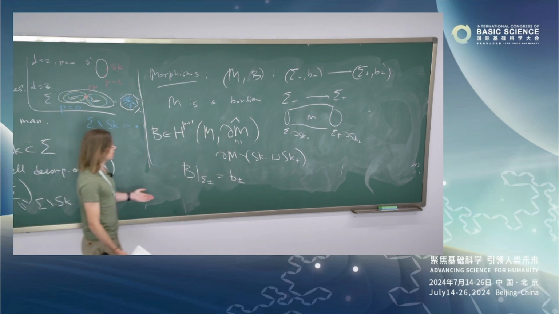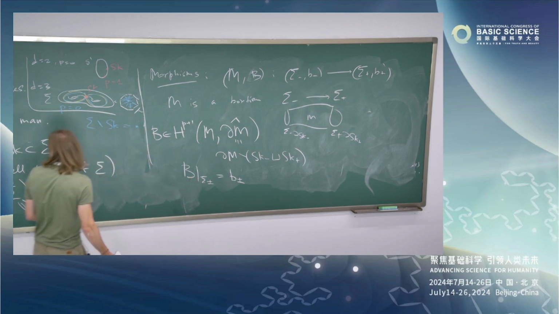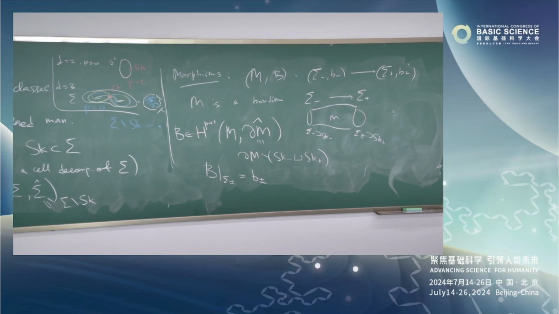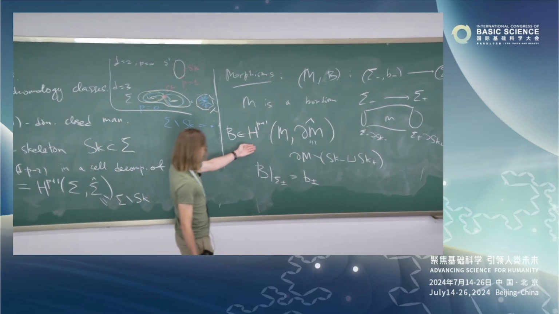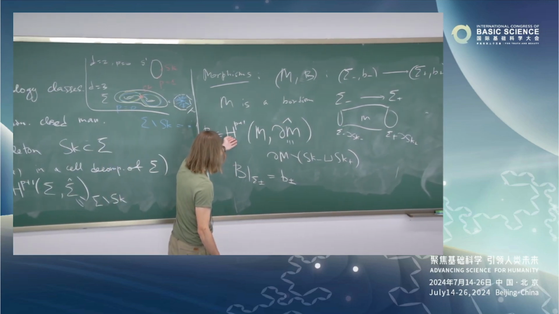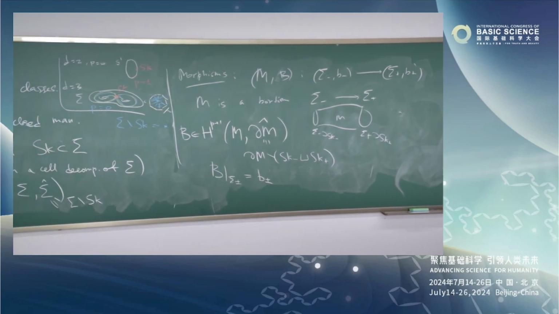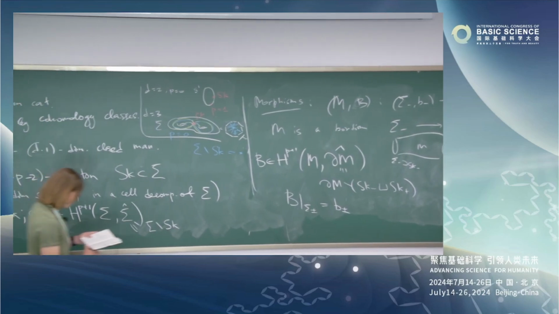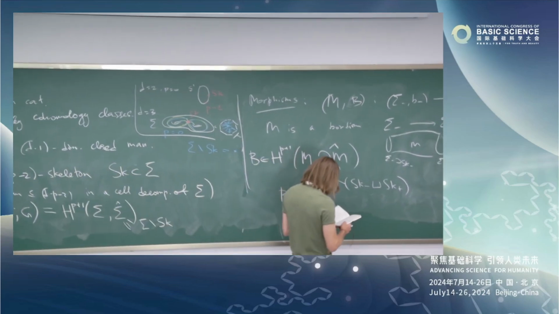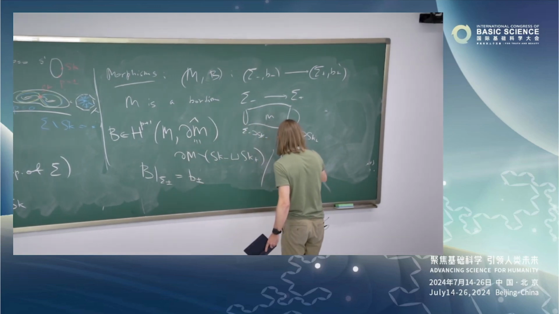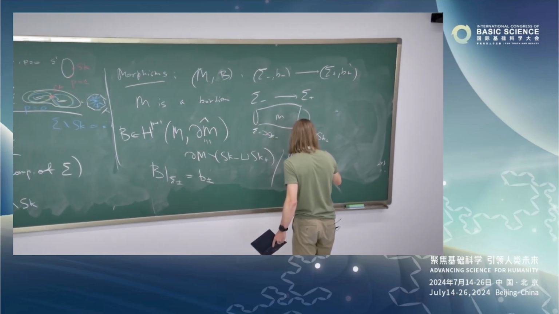Restriction means the pullback with respect to inclusion. This group is consistent. The restrictions are consistent with these choices of group here. And of course we need to consider the equivalence relation as before.